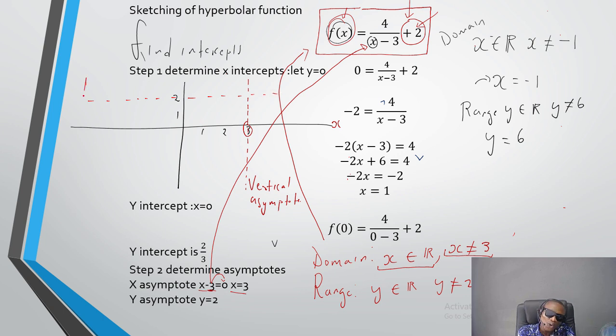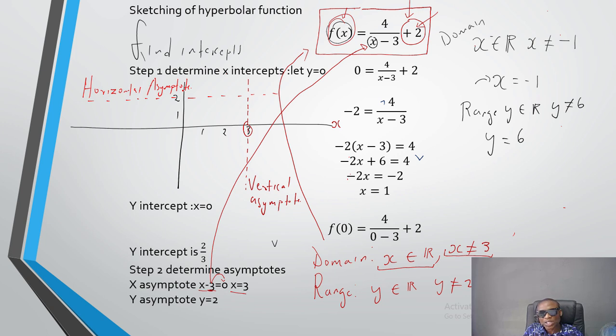A y asymptote is also called the horizontal asymptote. This is how you show it on the Cartesian plane. How do you show the asymptote on the Cartesian plane? By the dotted line.